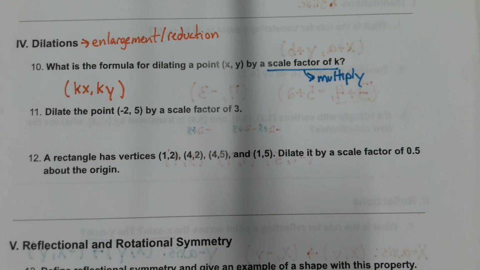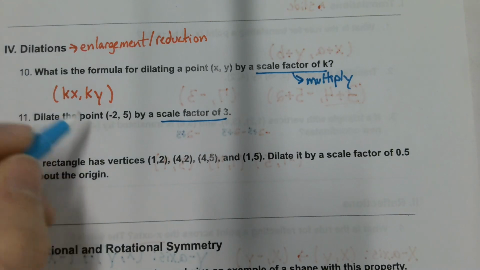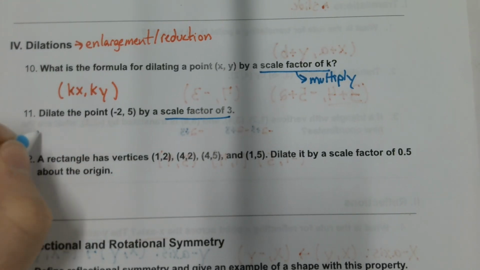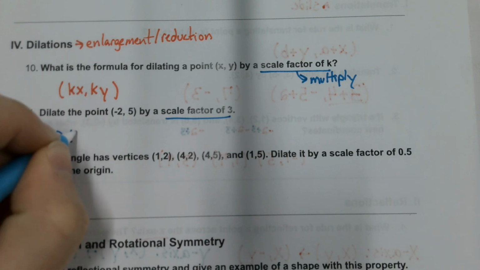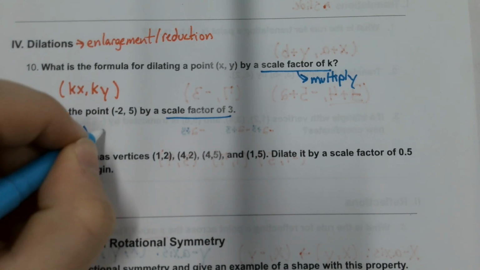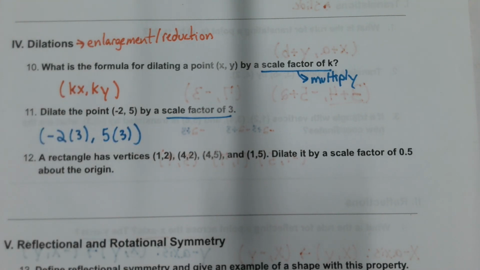Which again, if we take a look right down below that, we're going to dilate the point (-2, 5) by a scale factor of 3. So again, I'm going to take this point, -2 times 3, and 5 times 3.